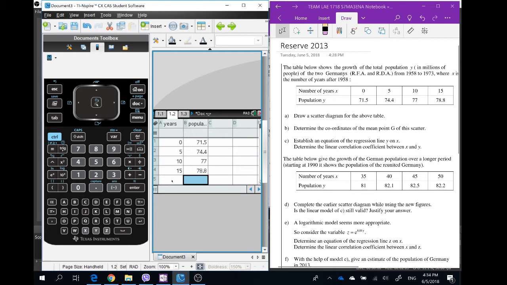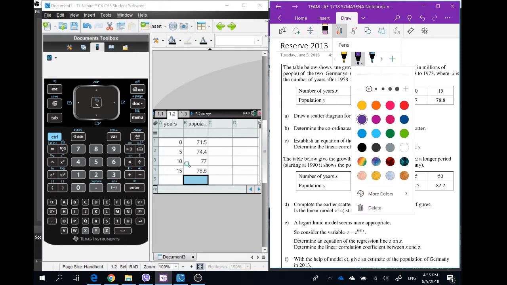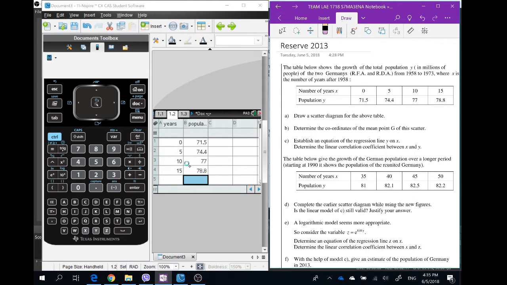You can do this by hand. It's 0 plus 5, 10, 15, it's 30 divided by 4. Okay, it's the x coordinate of this point.